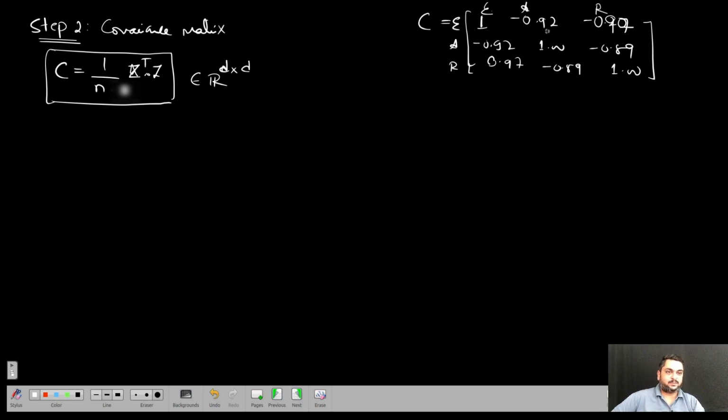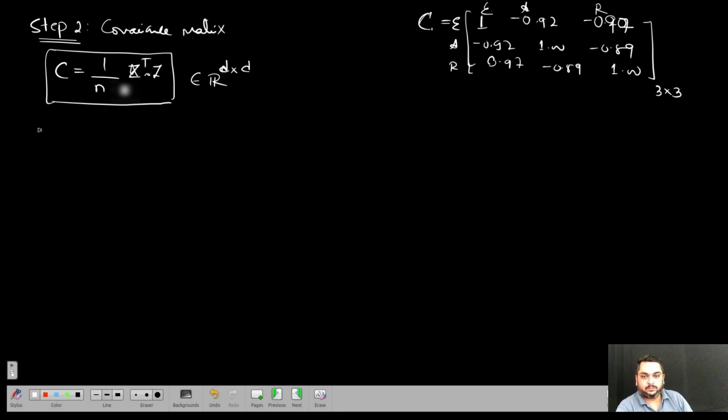Expense with age is minus 0.92. Expense to rating is minus 0.97. That is the correlation between each pair of features. You are understanding how they are related so that I can find the actual principal components. It's a 3 cross 3 matrix, so the number of dimensions matters.